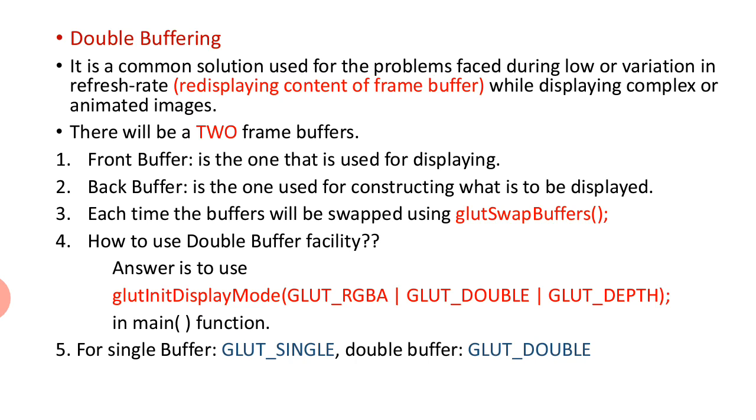It is the actual storage of all the information of that particular image. In double buffering, there will be two frame buffers: one we call the front buffer, and the other we call the back buffer.